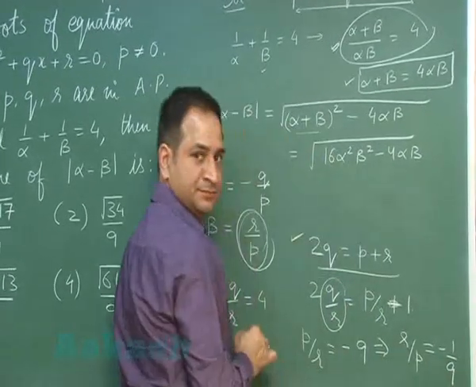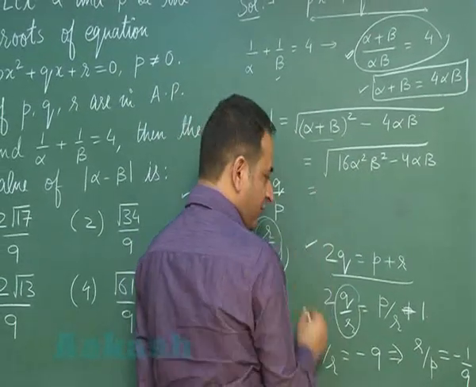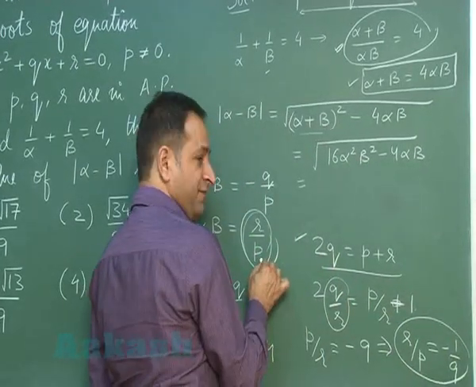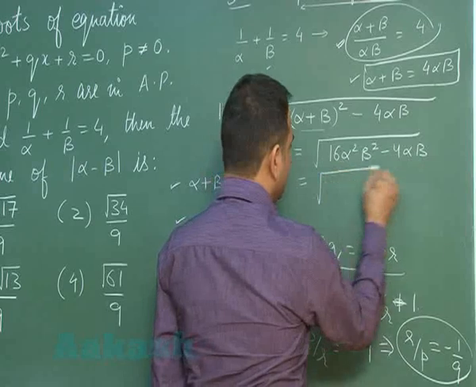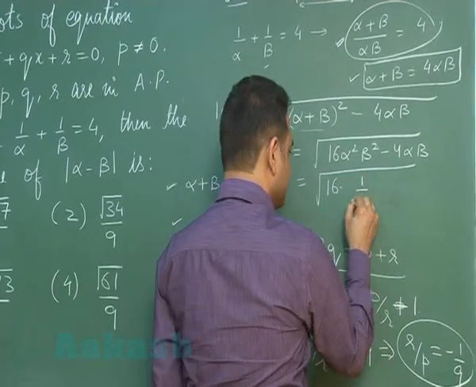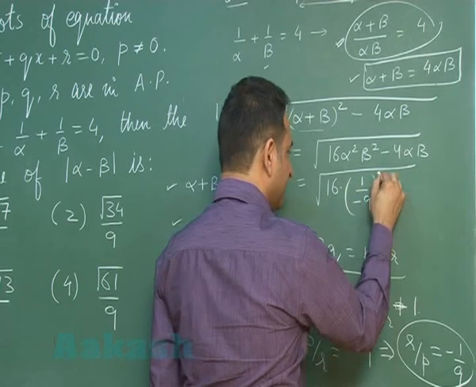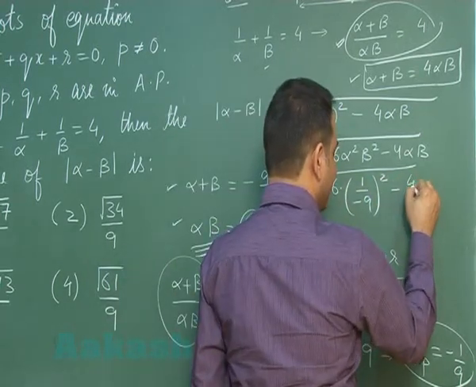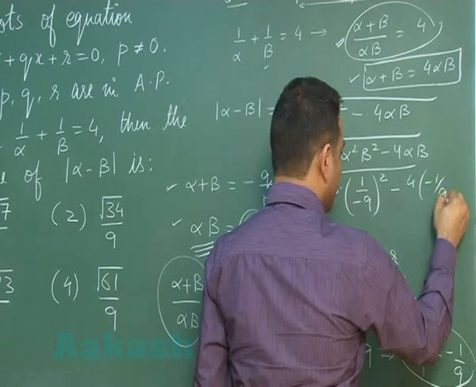Now by putting the value of alpha into beta, here we have 16 into whole square of minus 1 by 9, minus 4 into minus 1 by 9.